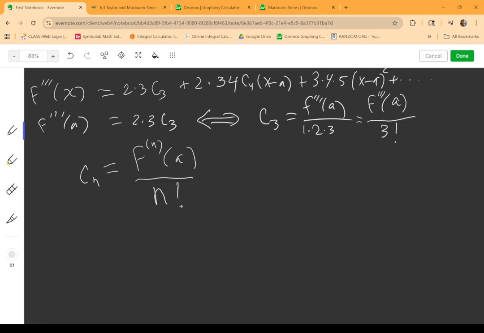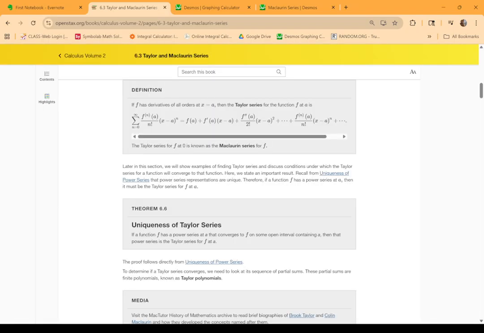So those are going to be the coefficients of what we're going to call a Taylor series. So here, let me switch over to our book. Now one thing we have to make sure of is that, in order for that to occur, as we see here in the definition, f has derivatives of all orders. Now, if it zeroes out, that's okay, the derivative of 0 is 0.